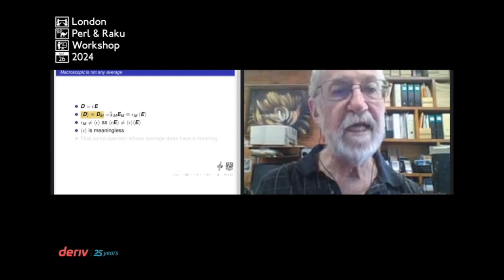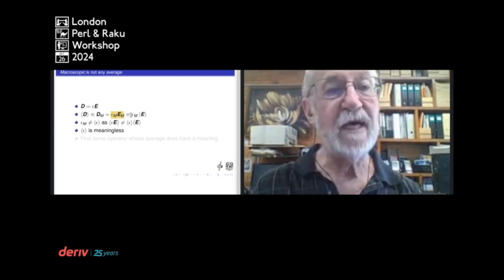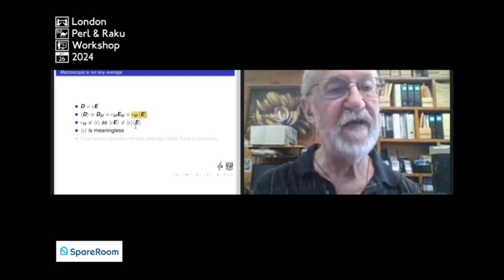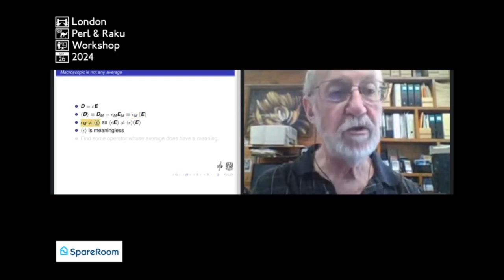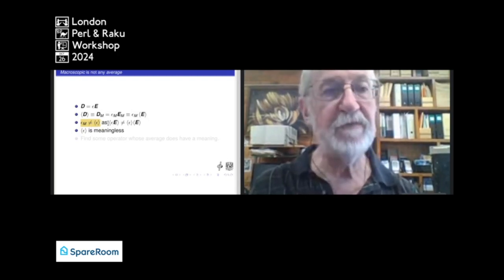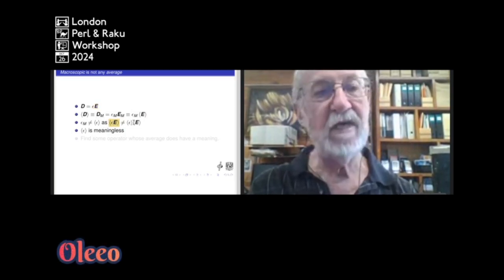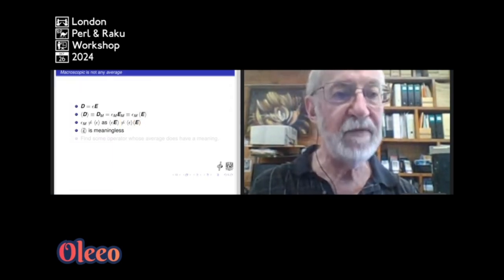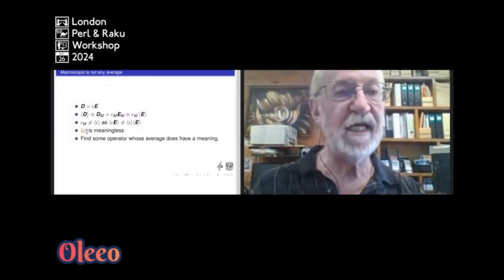So the macroscopic displacement is given by the macroscopic response times the macroscopic electric field, but the macroscopic permittivity is not the average of the microscopic permittivity, as you would have to average this product, and the average of a product in general is not the same as the product of the averages. So that means that the average of the permittivity has no physical meaning.